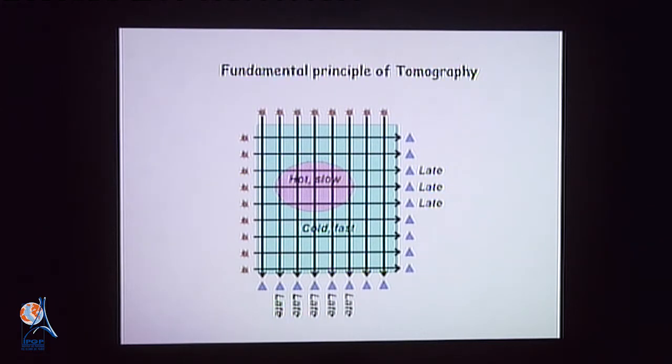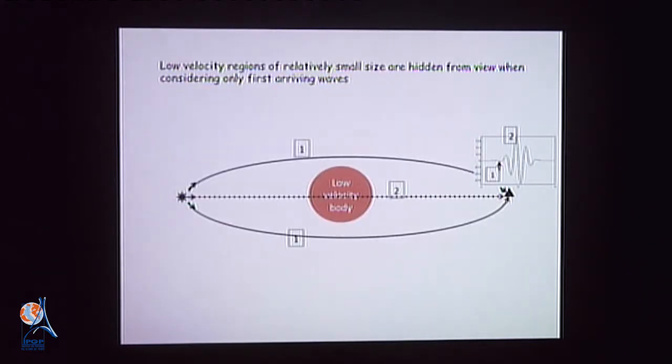The other principle is that when you have a low velocity body, such as a plume that you want to resolve, it's a challenge for seismology if you use standard techniques based on first arrival ray waves, because the wave that goes through the low velocity body actually arrives later than the wave that goes around it.